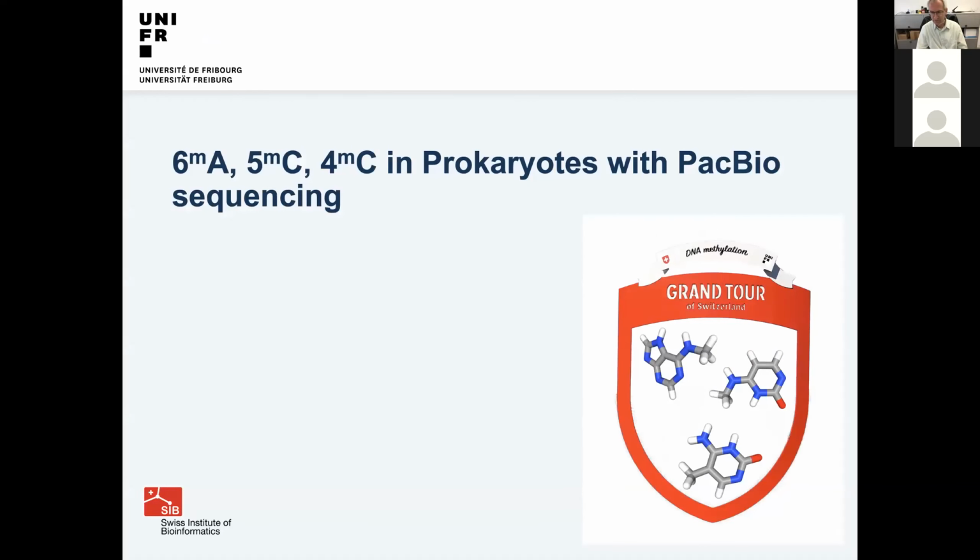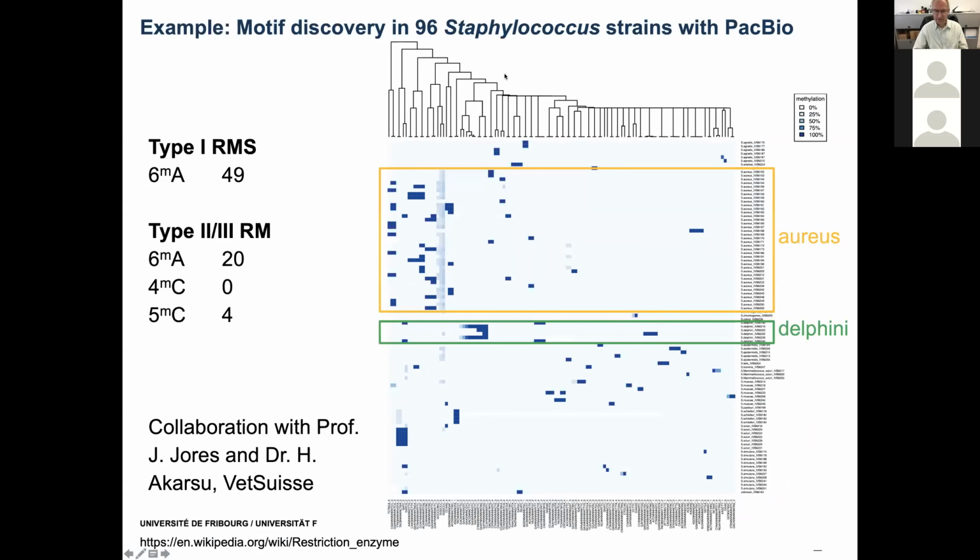Another example that we looked at is prokaryote methylation with PacBio, and here we looked at 3 possible methylations. And this is a collaboration with a group of the Vet Swiss Institute, where we looked at Staphylococcus strains that were sequenced with PacBio.